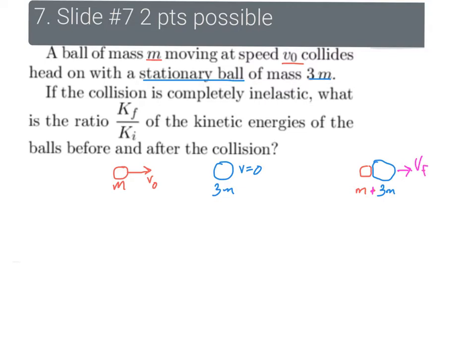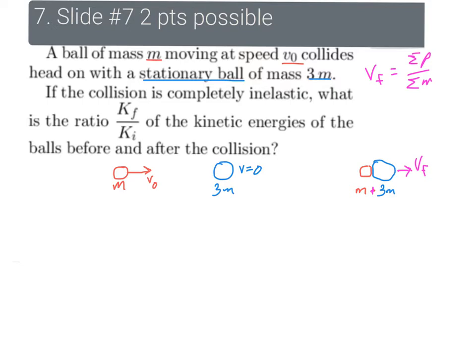To figure out what that final velocity is, we're going to do the summation of momentum over the summation of mass. So sigma p over sigma m. And the only object with momentum in our system is just that first mass that's moving.